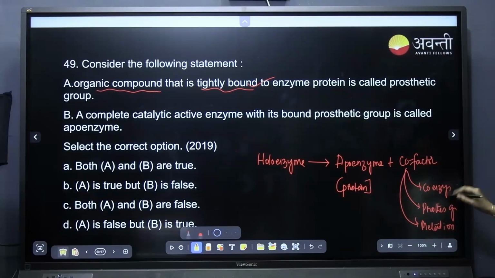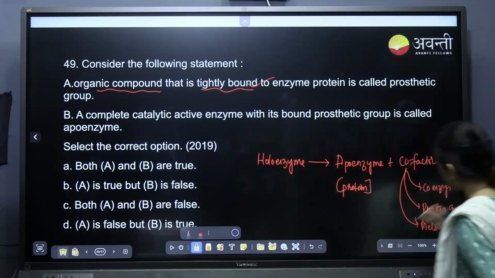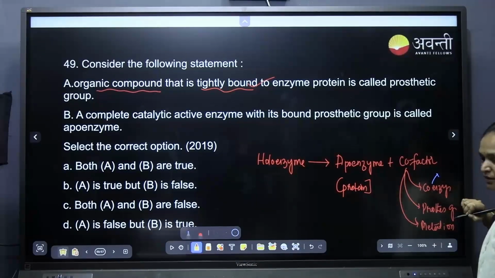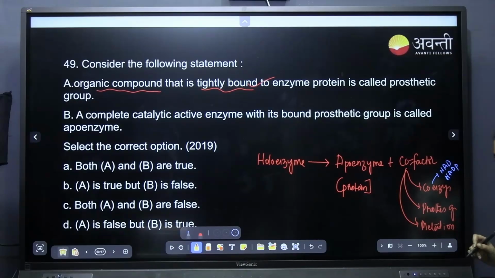For examples of coenzymes, I have already given you the examples. The coenzyme can be the vitamins, that can be NAD or NADP. And the prosthetic group can be heme. Metal ion can be zinc, which we have already discussed.